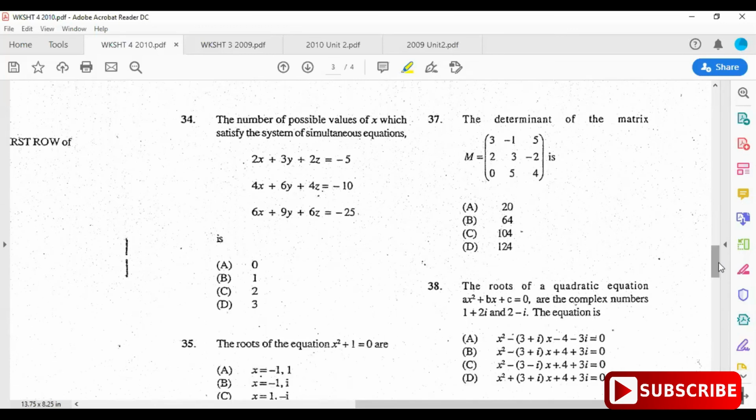Question 34. First and foremost, when you're solving for the intersection of lines, I just want to show you something. There are only two possibilities. If you have three lines, there's a possibility none of the lines intersect.